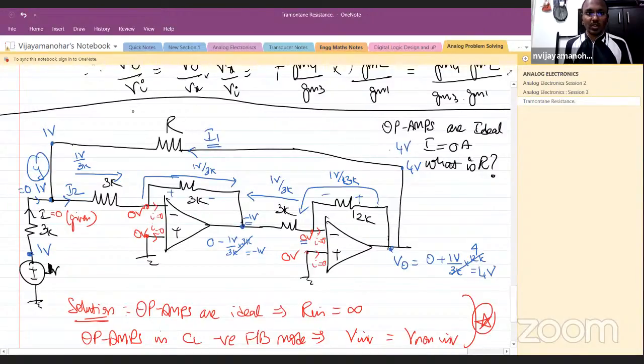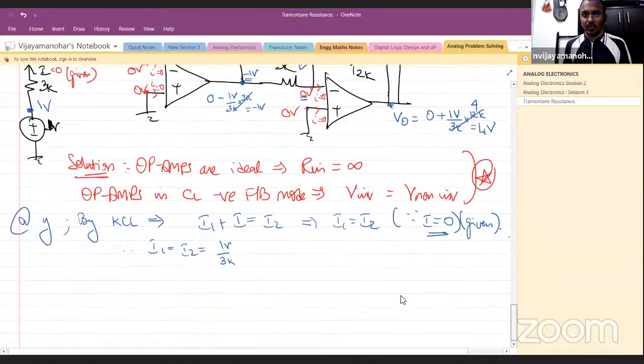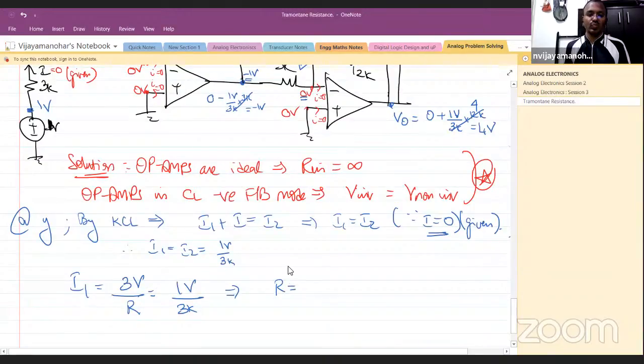So the drop is 3 volt. So 3 volt divided by R is I1. Correct. I1 equal to 3 volt divided by R, which is 1 volt divided by 3K, which means R equal to 3 volt by 1 volt into 3K, which is 9K.